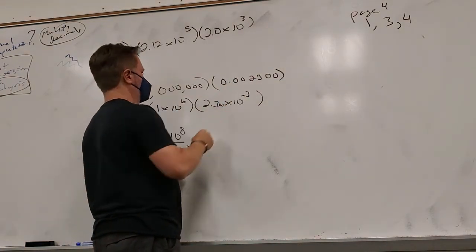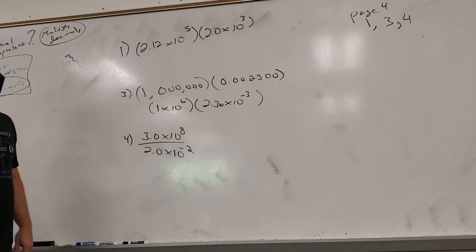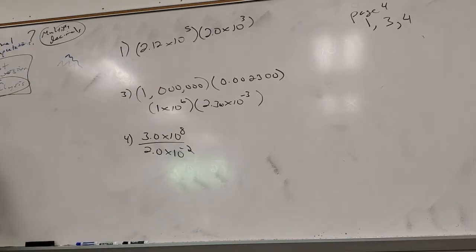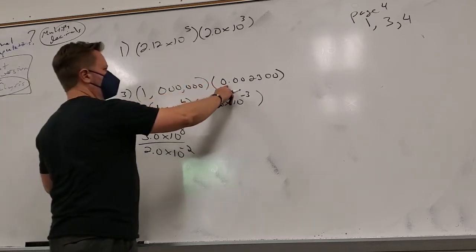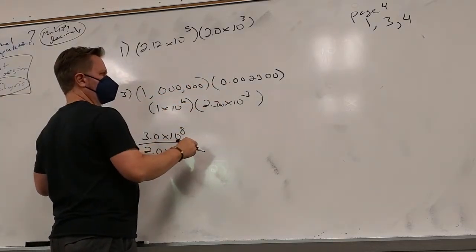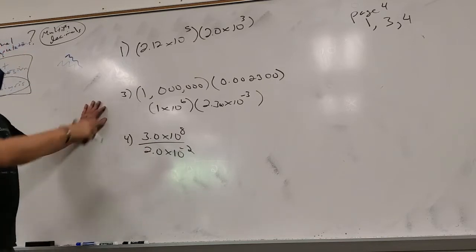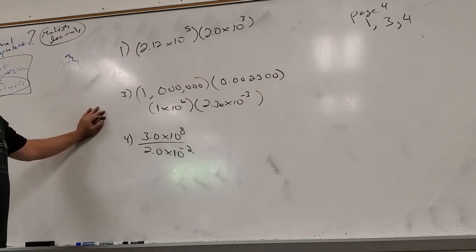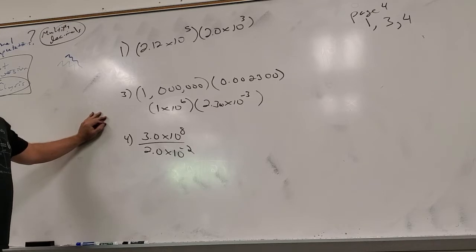So it's 0.0023, I just put a 0 up front. So this is 2.3 times 10 to the negative 3. And this one we go from right to left.